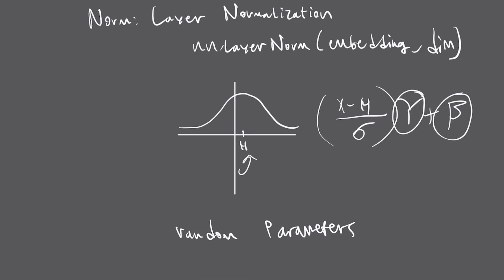So by centering it around the mean and the standard deviation, and still adding in some learnable parameters so this isn't too restrictive, researchers have found that the performance of the neural network does increase, and that's why layer normalization is used in a transformer.